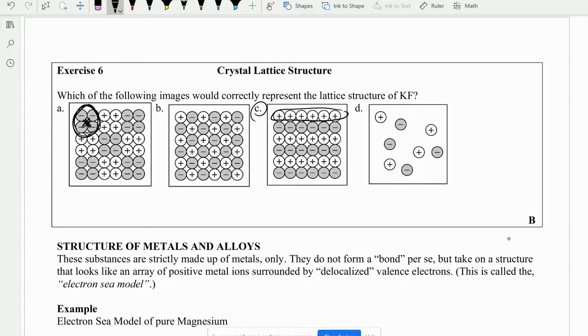If you go over to option D, it seems like those ions are simply too far from each other to actually have an attractive force. So if you take a look at B, which is actually the answer, this one would correctly represent the structure of potassium fluoride. And so at the end of the day, we will alternate positive and negative charge to reduce the repulsive forces and to optimize the attractive forces.